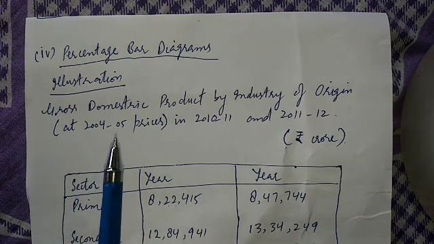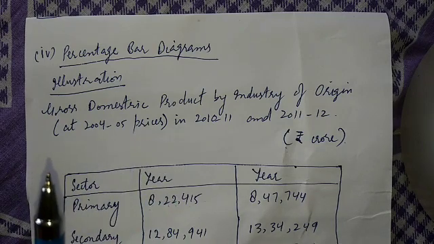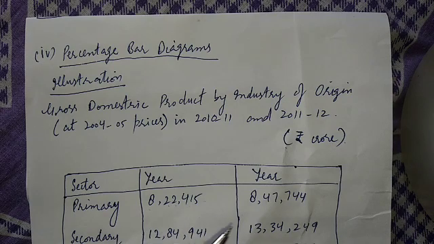Gross production of the industry of origin at 2004-2005 prices is given for the years 2010-11 and 2011-12. Now present this data in terms of percentage bar diagrams.